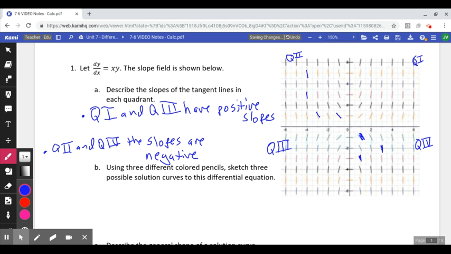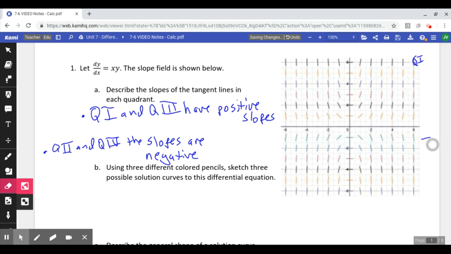Part B says using 3 different colored pencils, sketch 3 possible solution curves to this differential equation. So I'm going to get rid of a few things on the graph so we can focus on that now that we know where the quadrants are. We'll get rid of some of these slopes over here, and then we'll draw some solution curves.